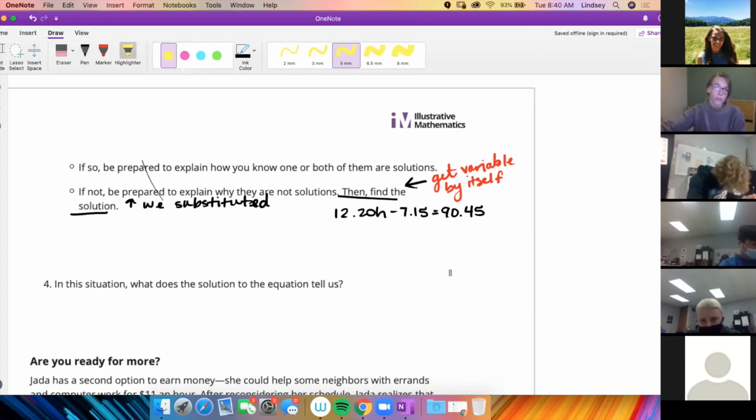Okay, what variable are we trying to get by itself? H. We're trying to get H by itself. All right? So someone tell me what's going to be my first step in getting that H by itself?